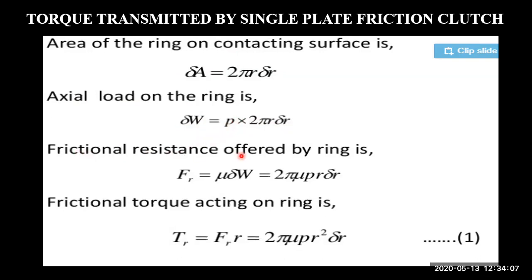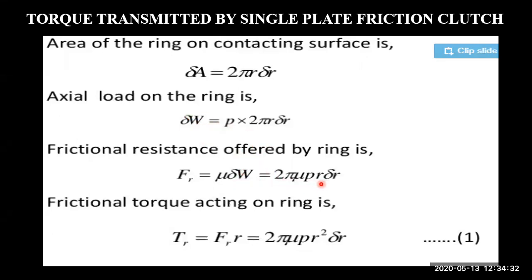Then frictional resistance offered is nothing but frictional load, which is mu, the coefficient of friction of that friction lining, times that small load which we are applying on the ring.